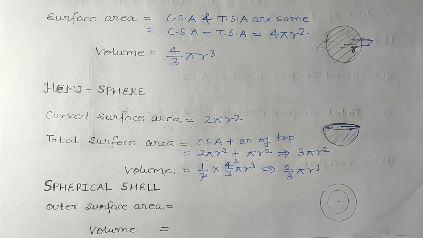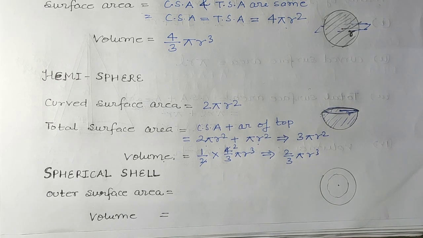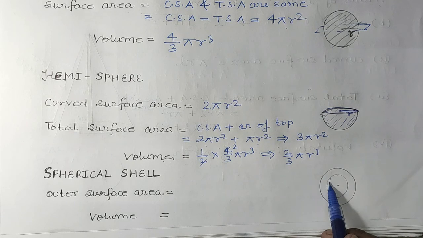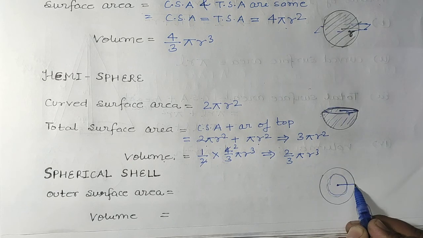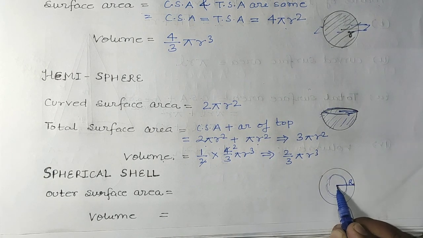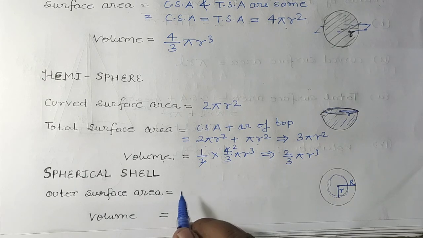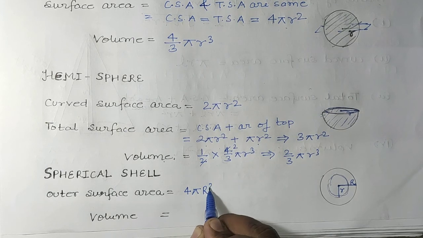Okay, students. Now coming to the next solid, that is a spherical shell. A spherical shell is the three-dimensional form of a ring. Its outer surface area will be what? See here, two radii are there. One is capital R and one is small r. So the outer surface area will be 4 pi R square.